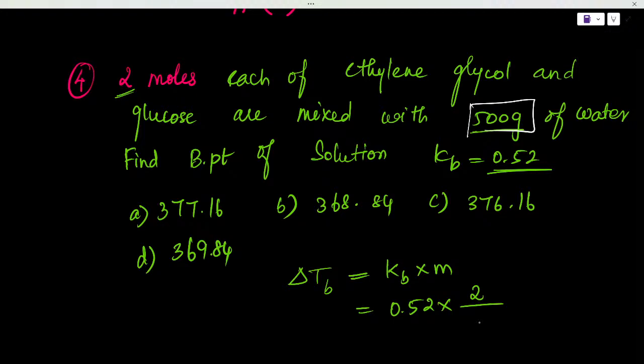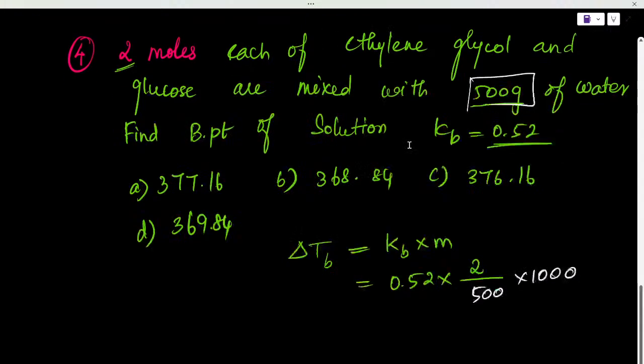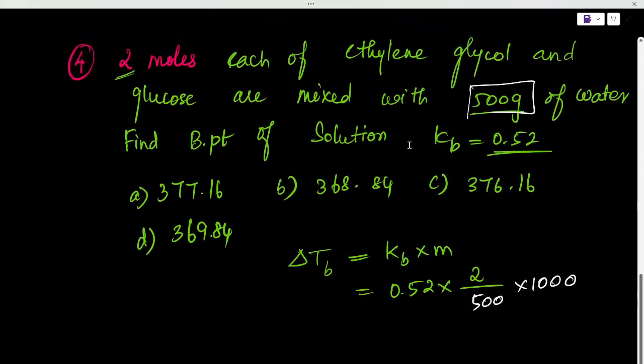You can put 500 into 1000 or you can put 0.5, no problem. So 2 moles of each, which means 2 plus 2, 4 it should come.